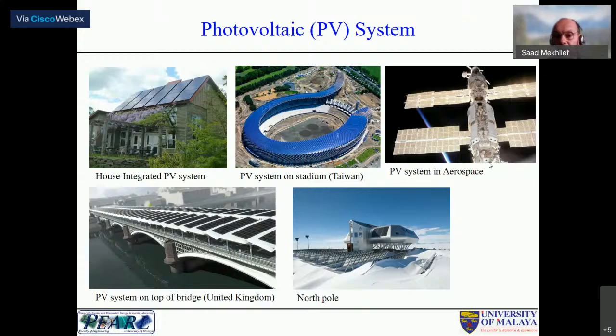For aerospace, it has been used since the 60s, since the 70s, in aerospace applications. And you can see other locations where it is used, in bridges for example, and in remote areas like the North Pole and desert areas. Photovoltaic systems are increasingly useful in many locations.